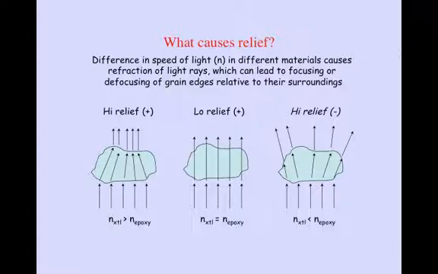You can have a refractive index that is greater than the epoxy, like we've been seeing with garnet and olivine, and that difference, the refractive index in the mineral being much higher than the epoxy, gives you high relief. If it's about the same as the epoxy, you see low relief because the light is not refracted much or at all. Or the refractive index in the mineral might be much less than the epoxy, and that would also give you a high relief, but a negative relief.